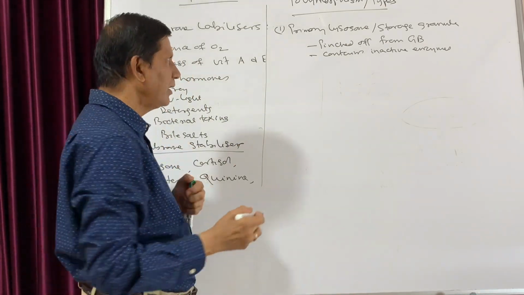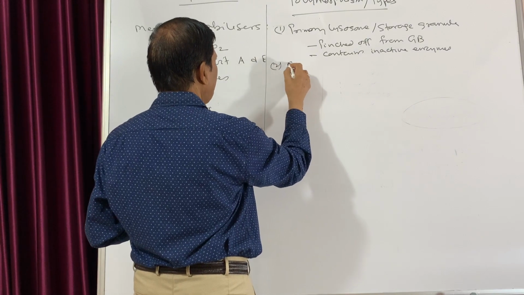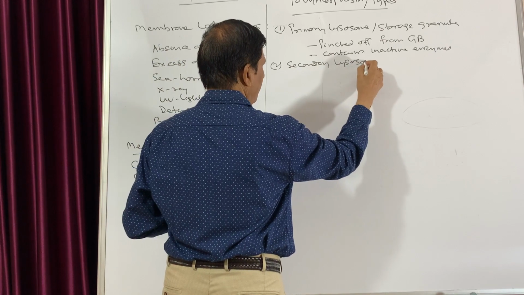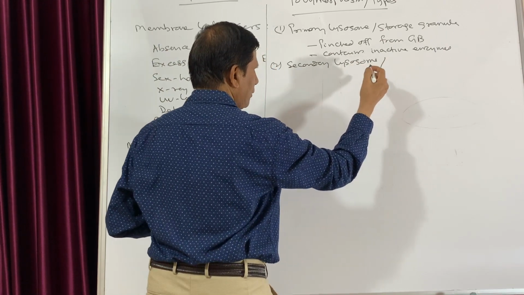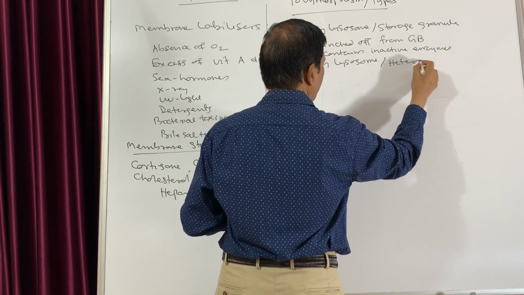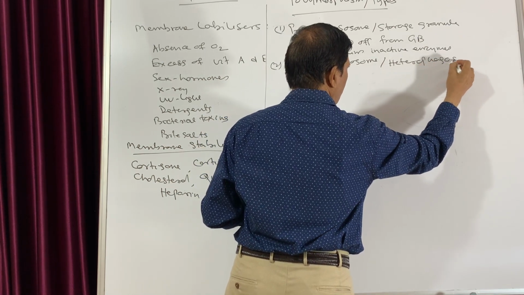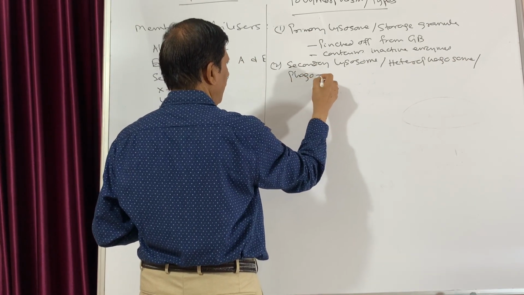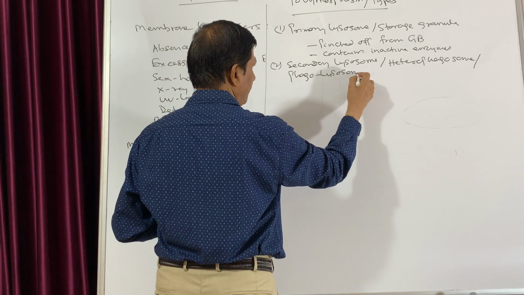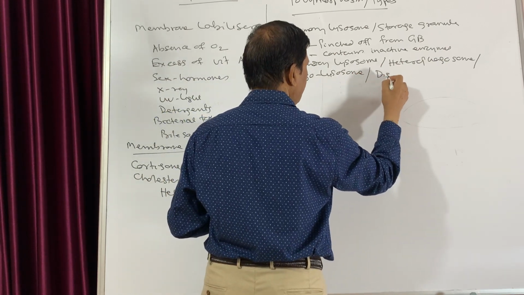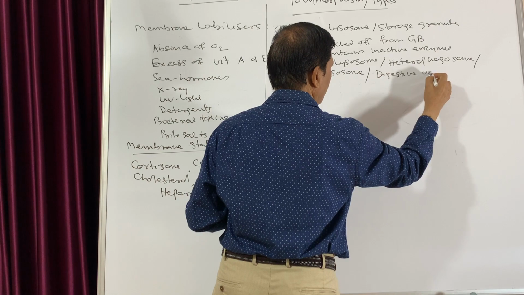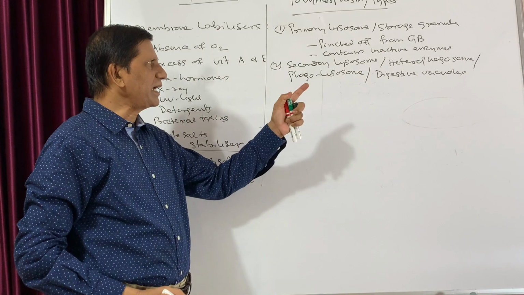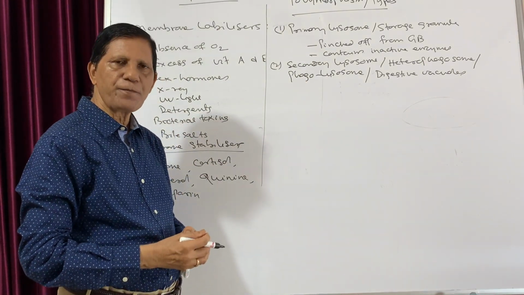Now the second one is known as the secondary lysosome, or heterophagosome, or phagolysosome, or also the digestive vacuole. These are the different names. So how is this secondary lysosome formed?